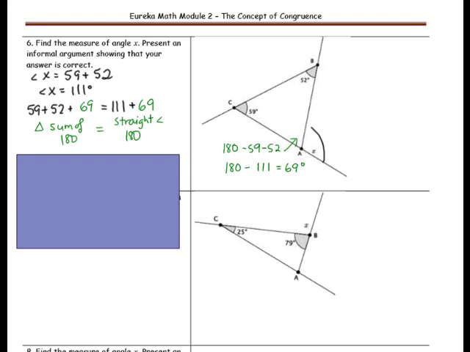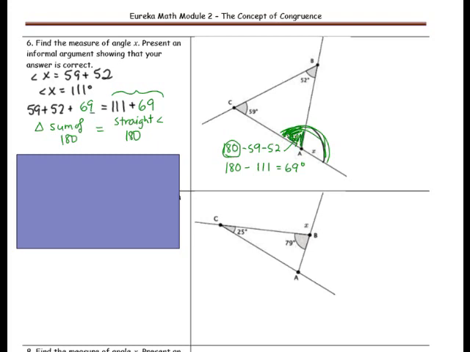And then on the right side, we have the exterior angle plus the interior angle right here on a straight line is 180 degrees. So we figure out what this angle is, and I did 180 for the whole triangle, take away the other two interior angles, and that gave me 69 degrees for the third interior angle.